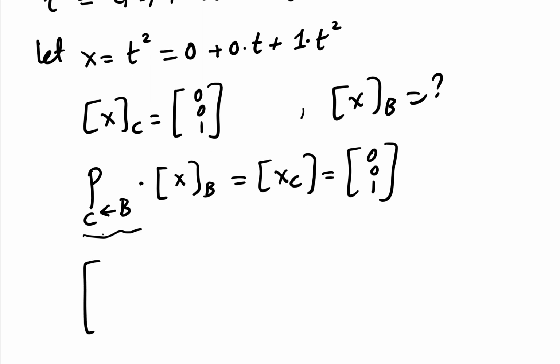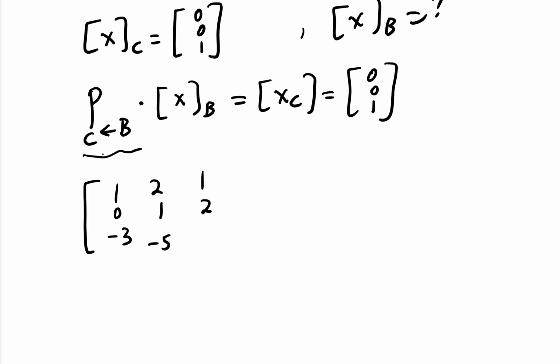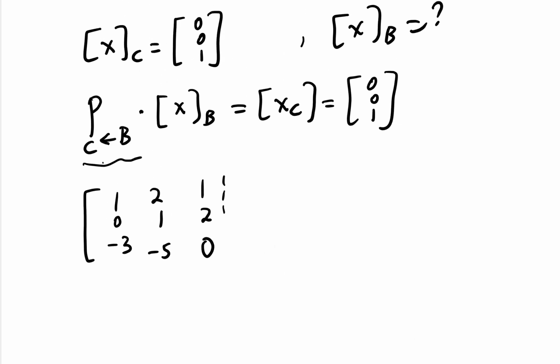We know it's 1, 0, negative 3, 2, 1, negative 5, 1, 2, 0. And we have 0, 0, 1 for the other one. And we can do row reduction on this to clean up the first column. For example, you multiply row 1 by 3 and add to row 3.